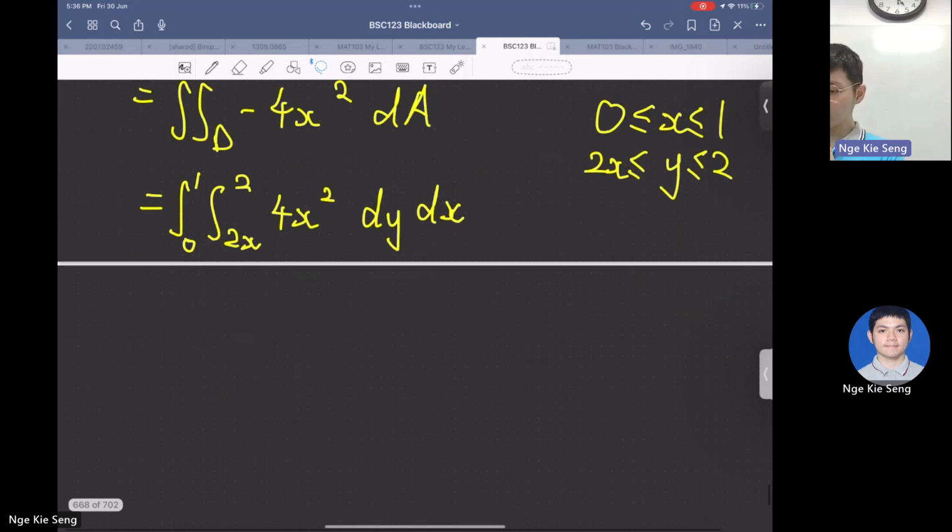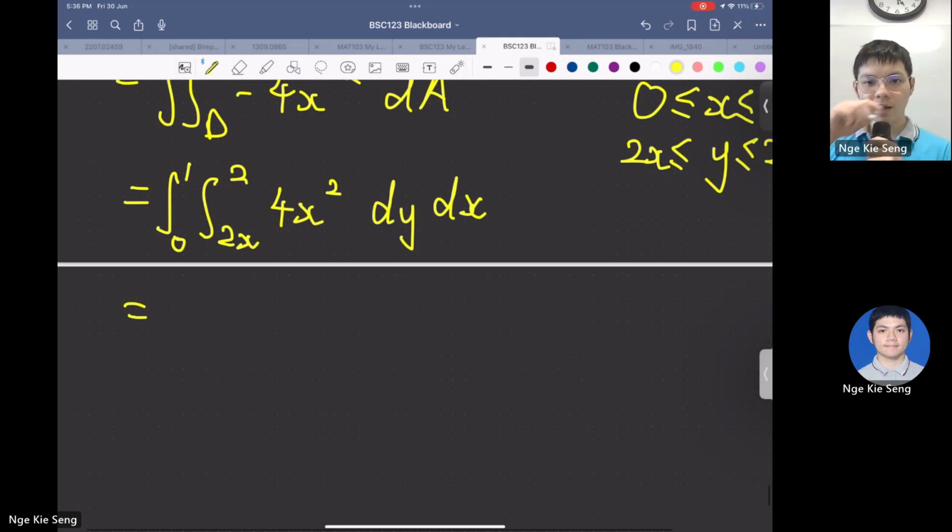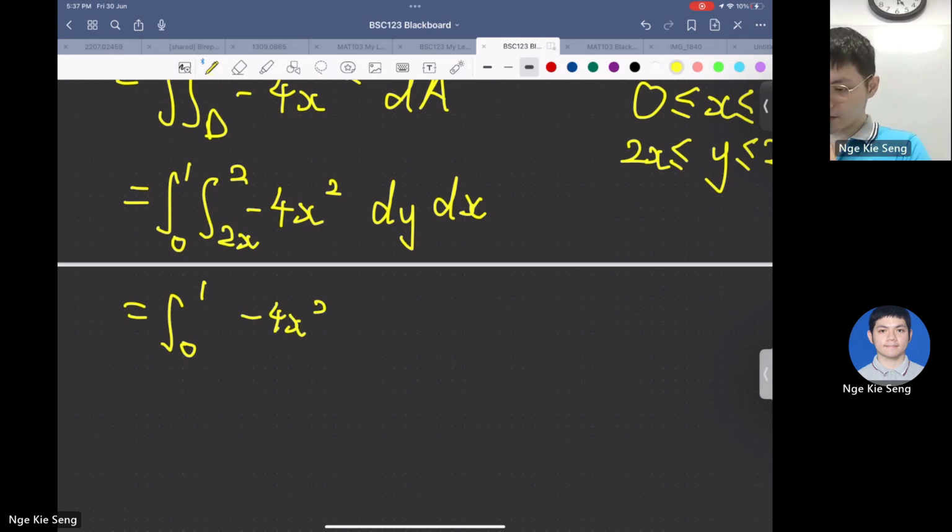You can use dx dy also. Okay, so what's the answer here? Sorry, negative. The negative is coming from the derivative above, the special one. So what's this answer here?